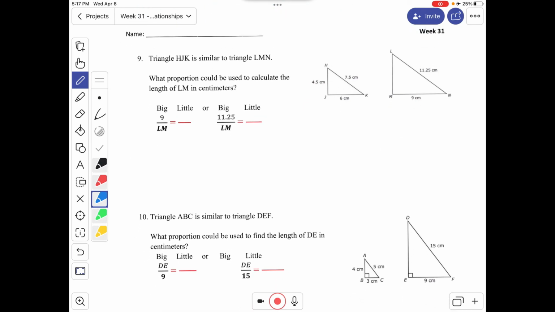Number 9. Triangle HJK is similar to triangle LMN. What proportion could be used to calculate the length of LM in centimeters? You're comparing a big triangle to the little triangle.